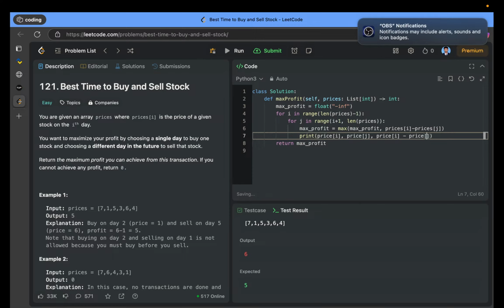No, bro. Again, same error. Prices i, j, price i minus price j, and then the max profit.